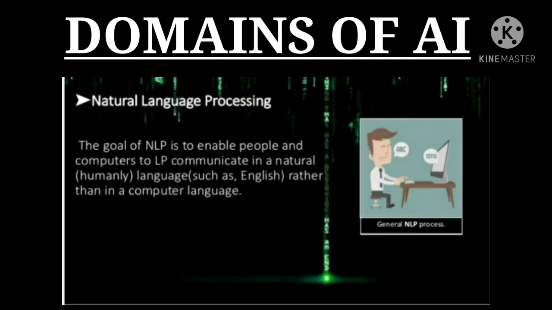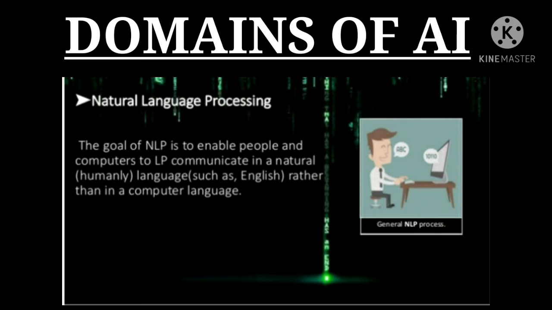And the third domain is natural language processing. For example, virtual voice assistants like Siri, Cortana, Google Assistant. So these all are examples of natural language processing machines. It includes the creation of AI systems which will be capable of communicating with human beings using natural languages.